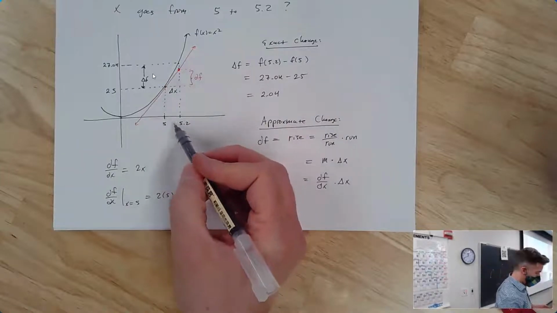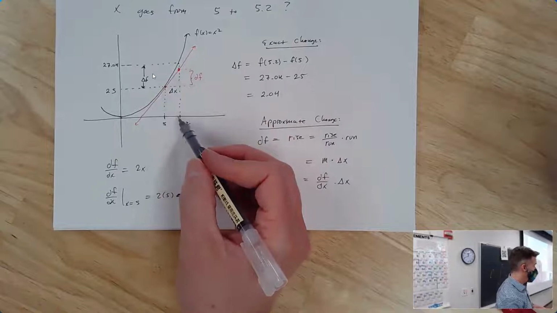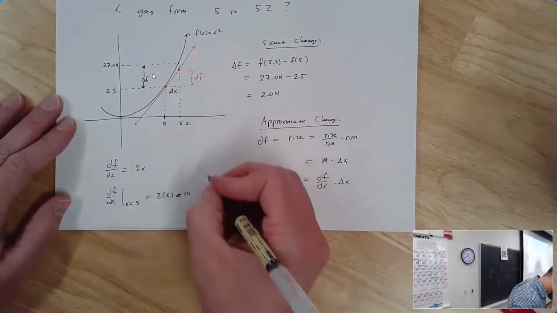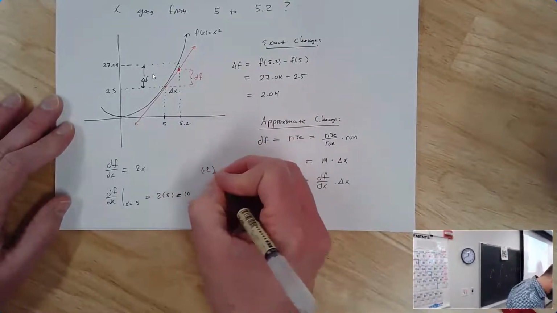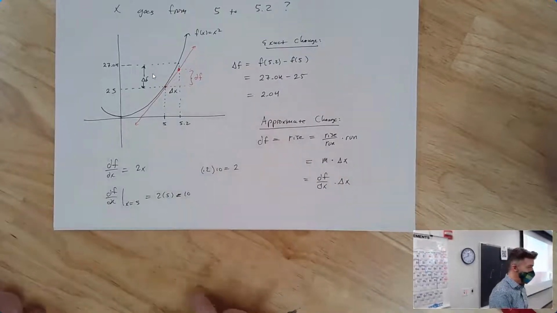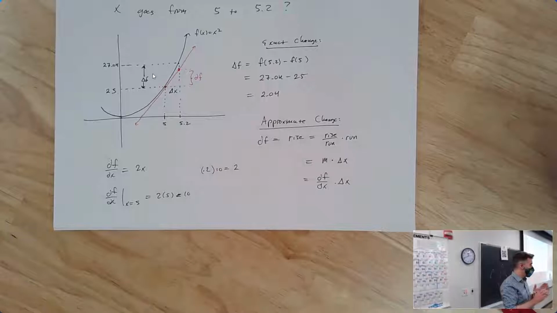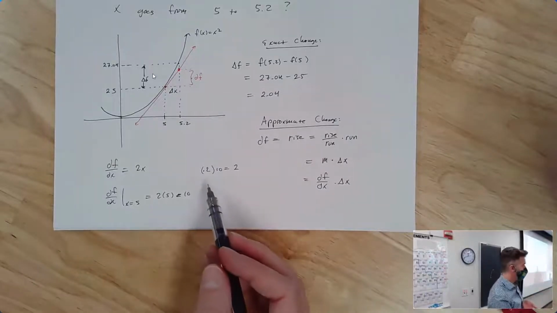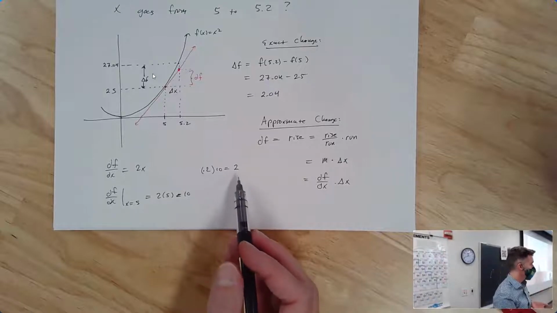If I move over 0.2, 0.2 times 10 is going to be 2. For every 1 unit I move over, I move 10 units up. So if I move 0.2 units over, I'm going to move 0.2 times 10 units up.